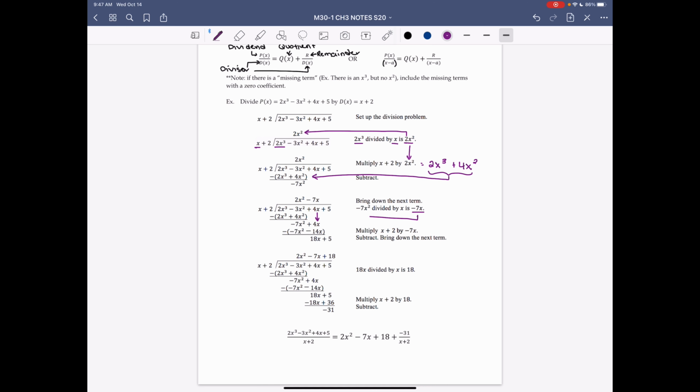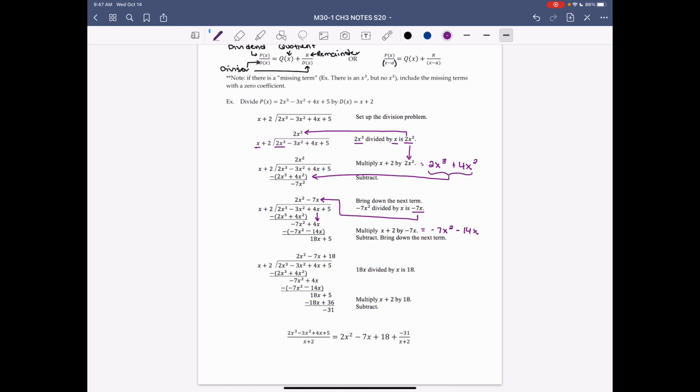Then that number goes as part of our quotient, and we multiply x plus 2, our divisor, by negative 7x, which gives us negative 7x squared minus 14x.